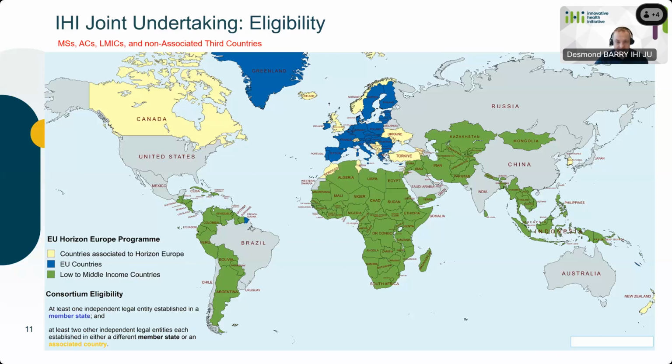Now, if we get to grant agreement signature, when we're signing the actual grant agreement with IHI, and those countries haven't actually finalized the agreement, and they're still not quite in the club, then we will have to make some changes. We'll basically change those entities into associated partners, but we'll deal with that at a different time.